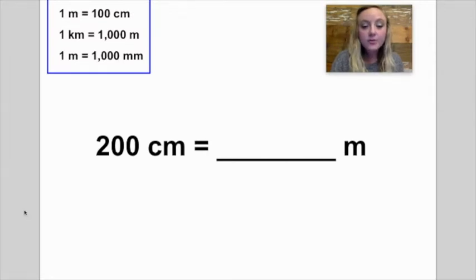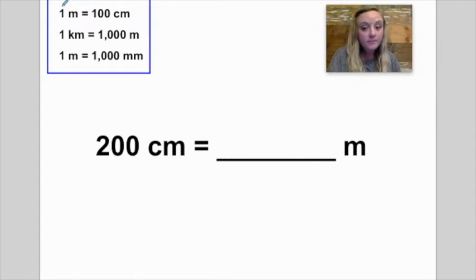Here we have 200 centimeters is equal to how many meters? Since I'm dealing with centimeters and meters, I know that I'm going to be using the number 100. Centimeters are about this big, and a meter is about the width of a doorway, so that's small to large, divide and take charge.